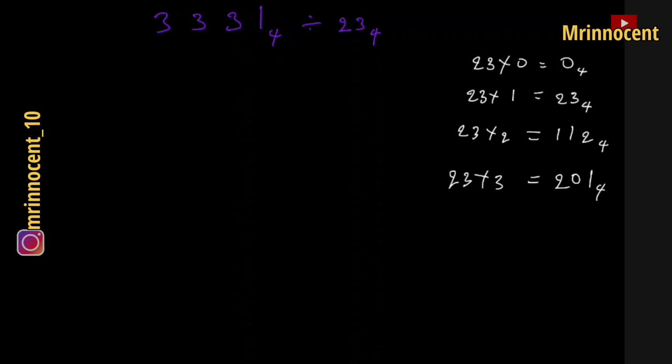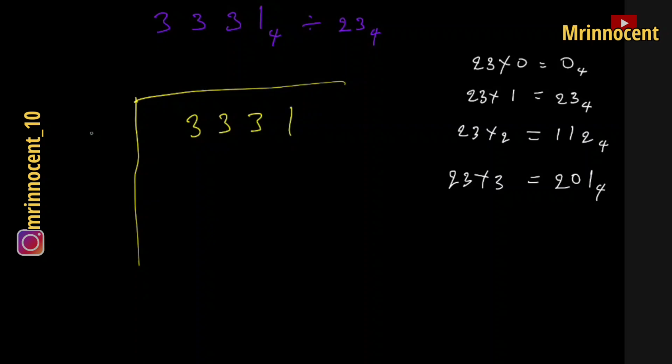So let us go back to our question. So you have 3331 divided by 23. So 23 divided by 3 cannot, 23 divided by 33.